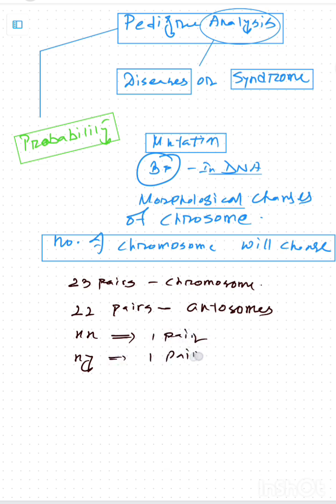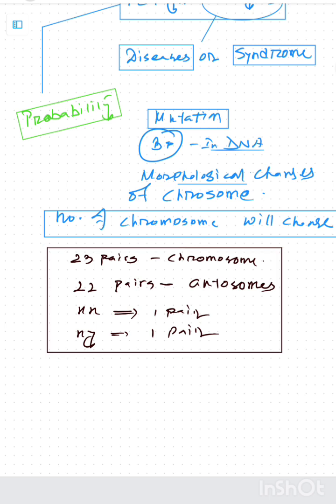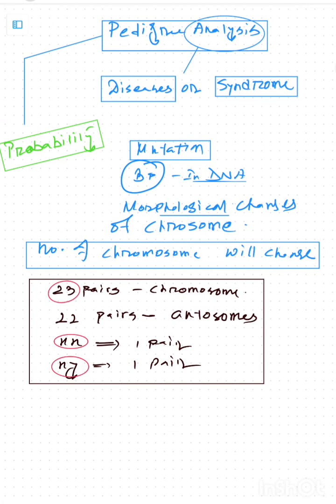So by this we have 46 chromosomes, or 23 pairs of chromosomes. Now if anything changes on the 23 pairs, on XX or XY, then this type of change which causes syndromes or disease will be ruled out by pedigree analysis.